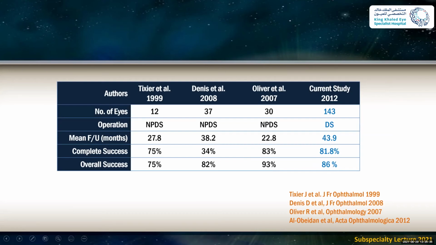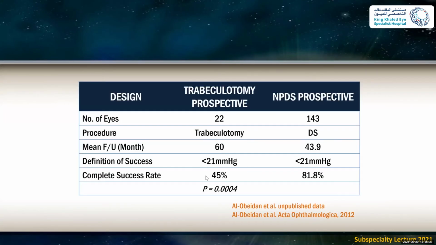And if we compare it to the conventional therapy, this is again by us, a prospective study, even masked: trabeculotomy done with mitomycin versus no mitomycin in 22 eyes, 11 patients in each arm. We found the complete success was 45% compared to almost 82%.